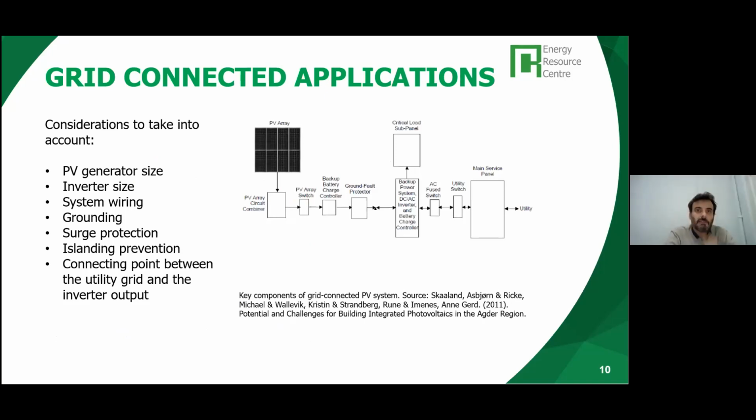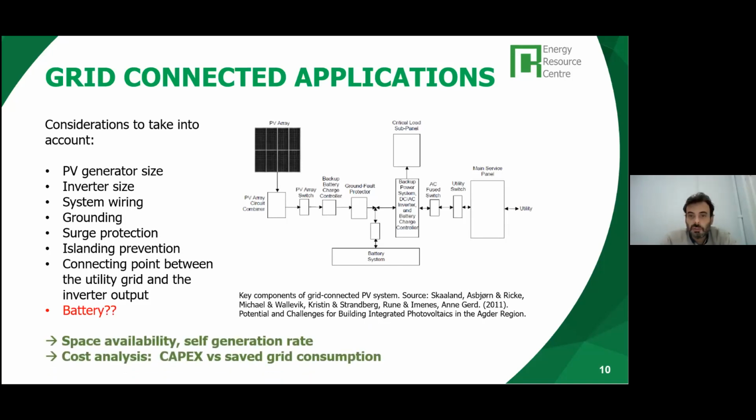In grid-connected applications, we can even consider the incorporation of batteries. It would be interesting to have a battery. Batteries could help if we have availability of space, and batteries could also help in increasing the self-generation rate.